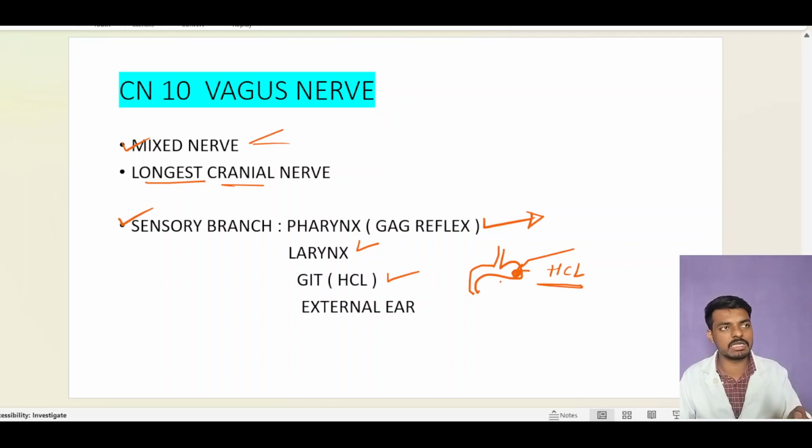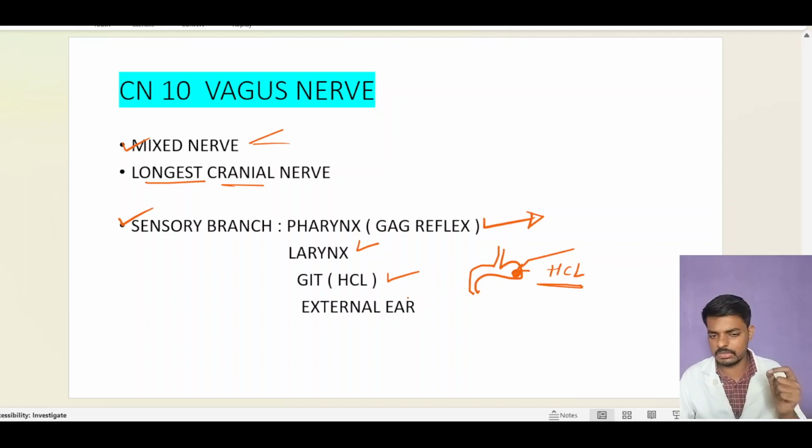If there is a gastric ulcer, why do we cut the vagus nerve in vagotomy? The vagus nerve is responsible for increasing HCl production. When we do vagotomy in peptic ulcer or gastric ulcer, there is decreased production of HCl, so there is no further peptic ulcer. Because of that, we cut the vagus nerve, which is called vagotomy. We do it in peptic ulcer disease.